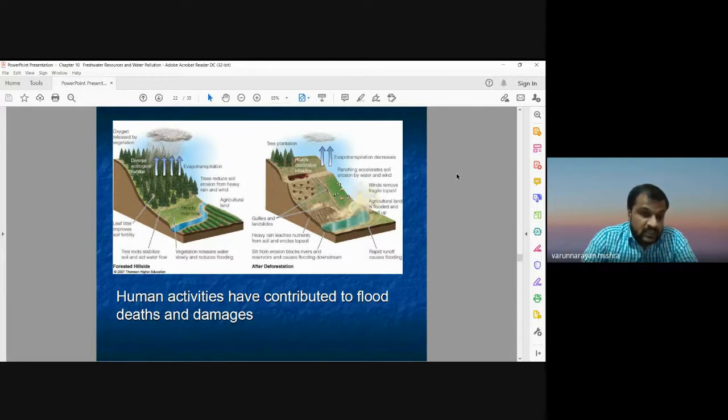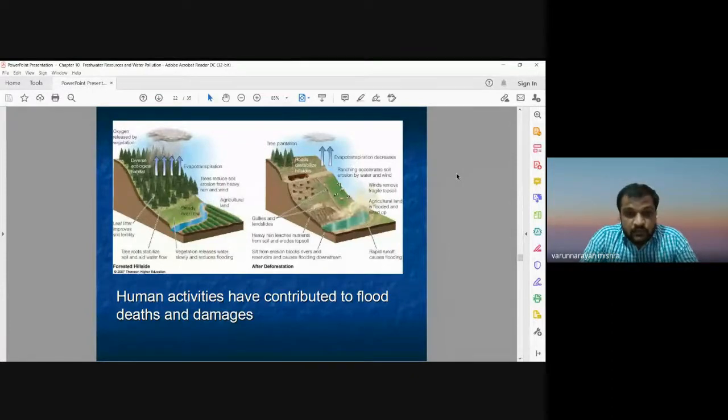In mountainous regions or hilly terrain, you see there is a very dangerous situation in case of flood, because there is a high rate of deforestation, and in the absence of forest and vegetation, water cannot be held on that surface.